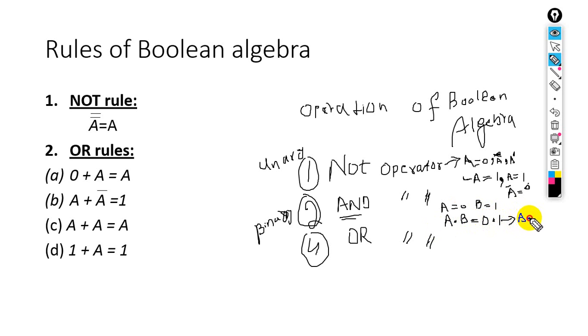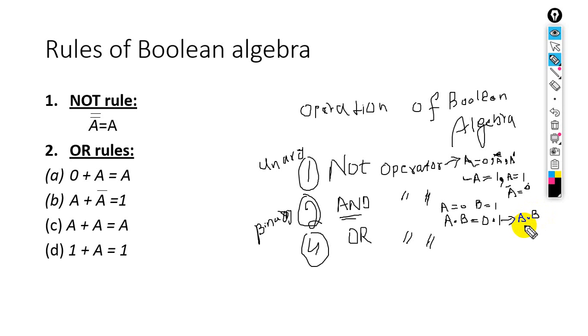It is pronounced just like a and b. We cannot pronounce it as a cross b or a multiplied by b, that would be wrong.